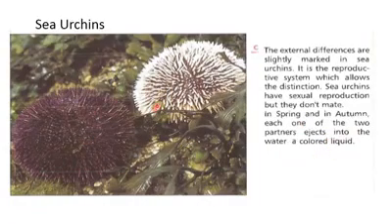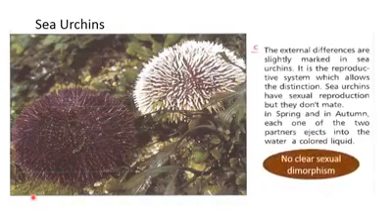The male sea urchin and the female sea urchin eject liquid into the water, and this liquid will do the fertilization outside in the water. So let us remember what we learned about sea urchin. There is no clear sexual dimorphism. We cannot distinguish clearly which one is a male and which one is a female.